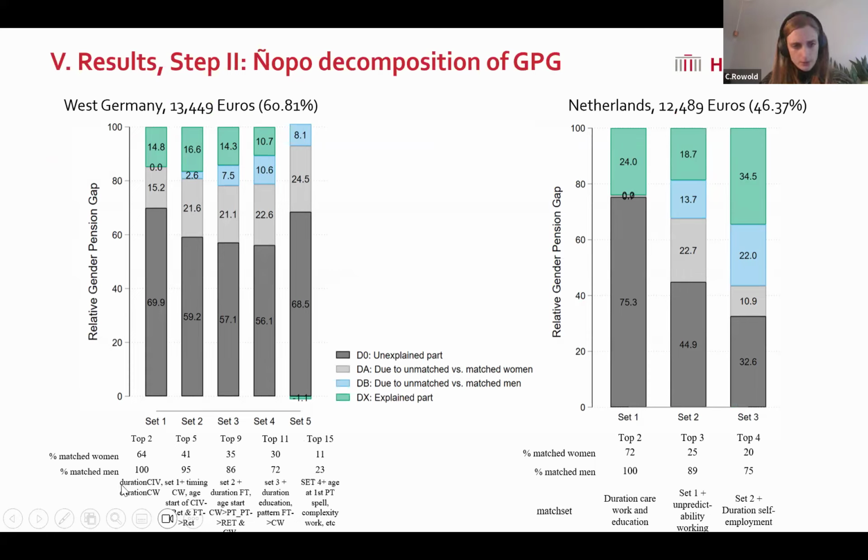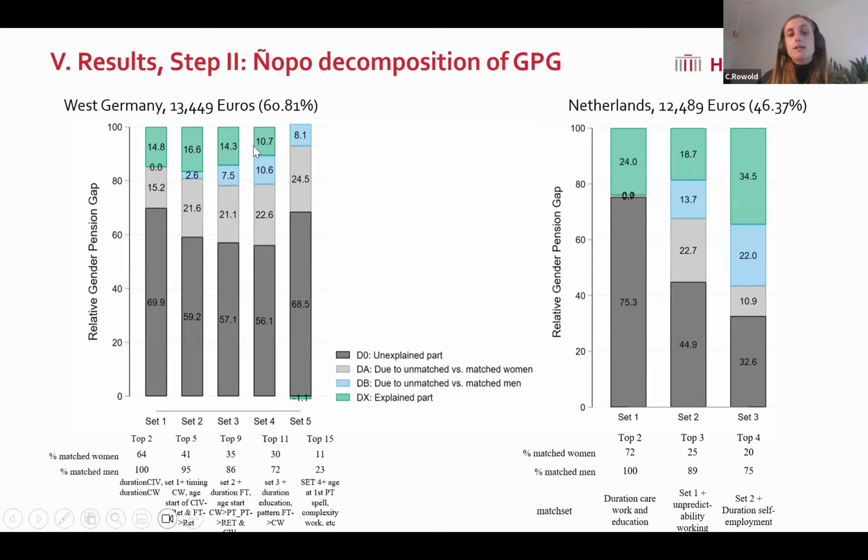Here you see in very, very tiny font the variables I included. And we also see the more variables we include, the lower is obviously the share of men and women we can match. So one first important finding is, let's focus on the green parts here.